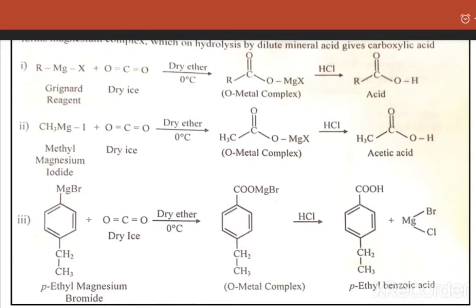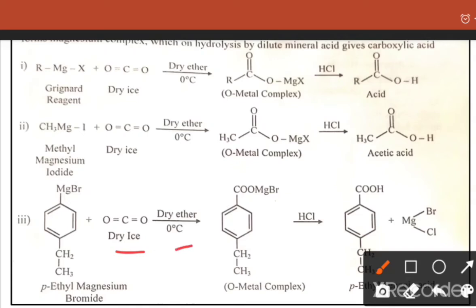In the next example, this is ethyl magnesium bromide. Here the phenyl ring, here MgBr, and here CH2CH3, that is ethyl magnesium bromide, in presence of dry ice at 0 degree Celsius in presence of dry ether.